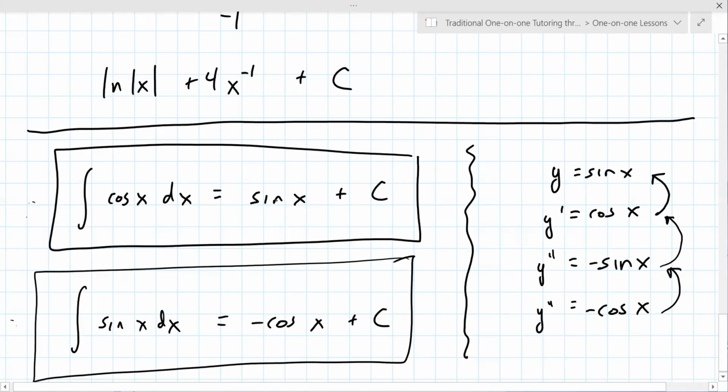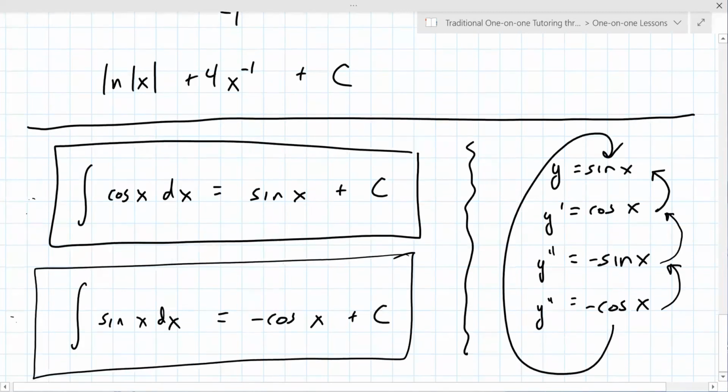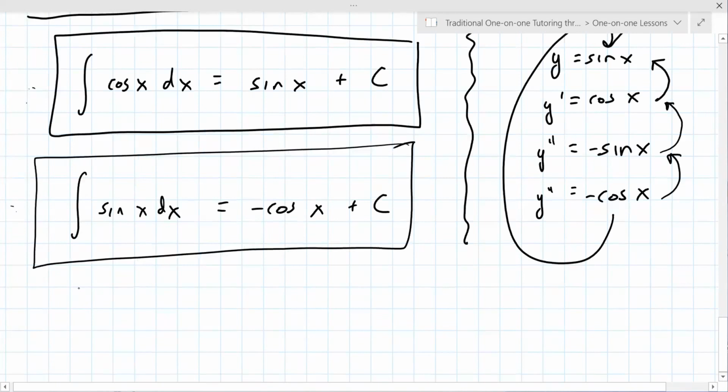These are just definitions, and we're going to use these. The derivative of minus cosine gets you back to sine. Another one that you need to know is the integral of e to the x dx equals itself, e to the x plus c.